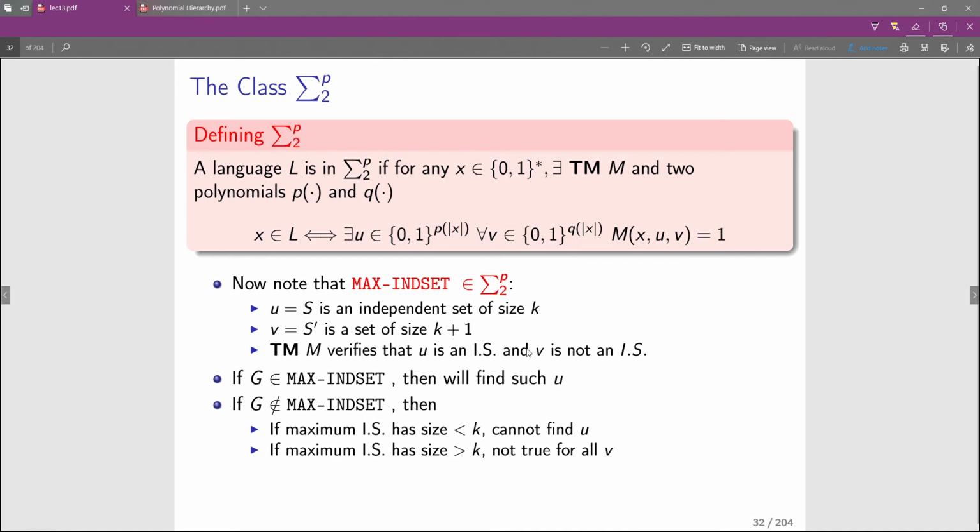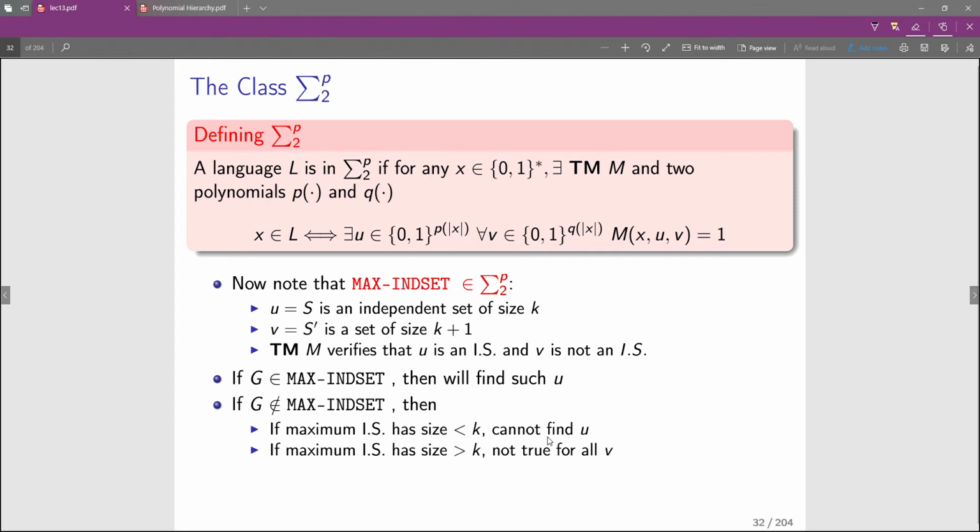If it is greater than K, then U will pass, because if it has an independent set of size K plus 3, then it also has independent sets of size K plus 2, K plus 1 and K. So you won't fail there. But the part that says S prime is a set of size K plus 1 will fail, because if the maximum independent set size is greater than K, then it is not true for all.